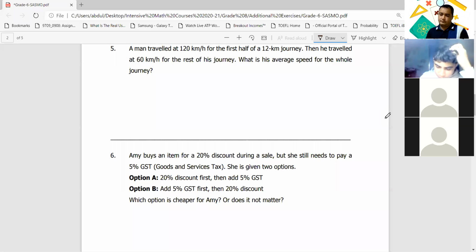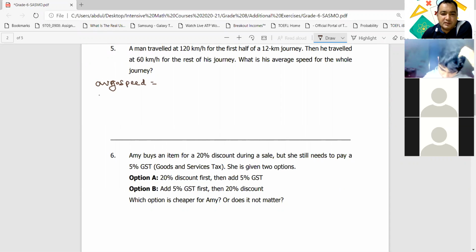I don't think it's correct, but 2.5. Okay, 2.5. I don't think so. Defna, any answer? Teacher, I couldn't find the answer to this one.